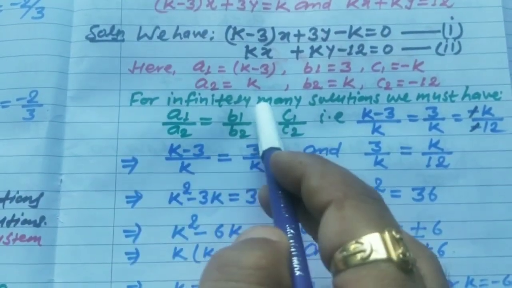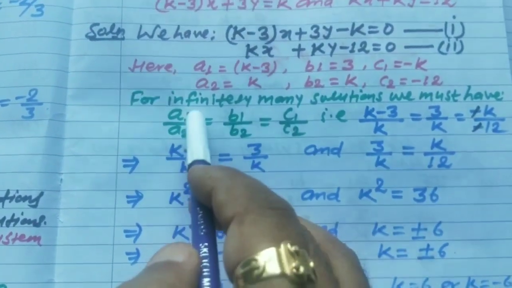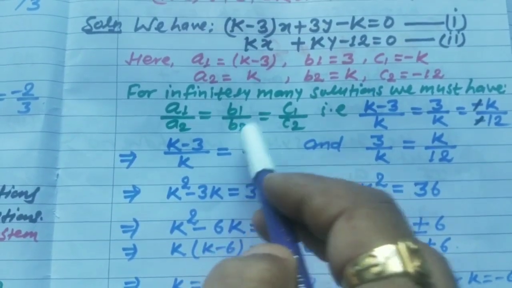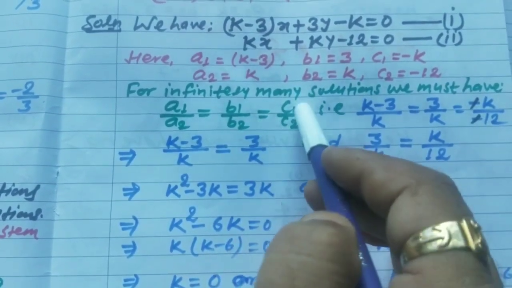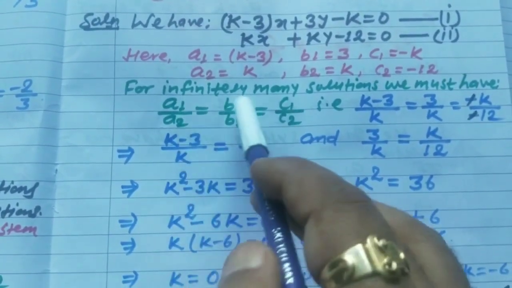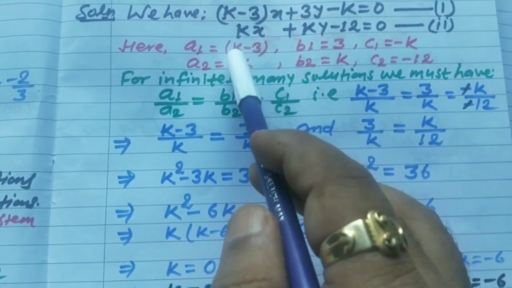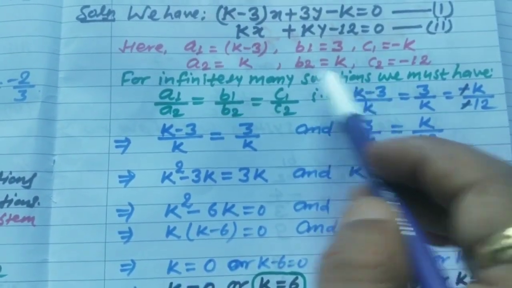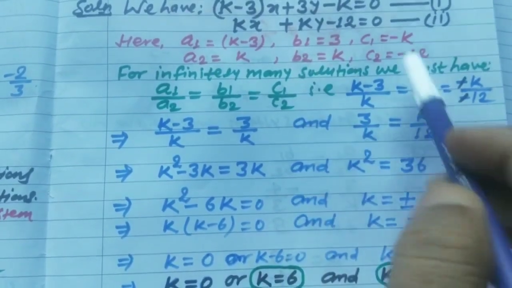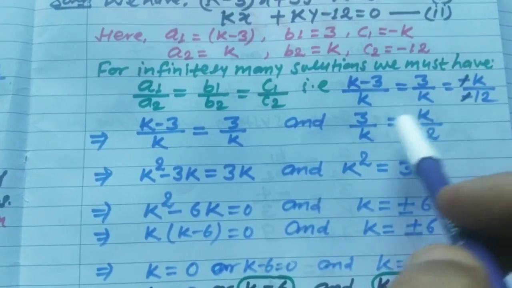Now write the conditions for infinitely many solutions. For infinitely many solutions we must have the condition a1 upon a2 must be equal to b1 upon b2, and it must be equal to c1 upon c2. Now you have to put the values of a1, a2, b1, b2 and c1, c2. So put the values from here: a1 is k minus 3, a2 is k, b1 is 3, b2 is k, and c1 is minus k, and c2 is minus 12.